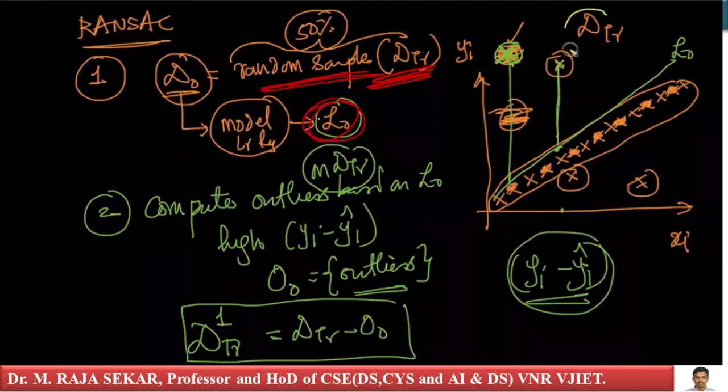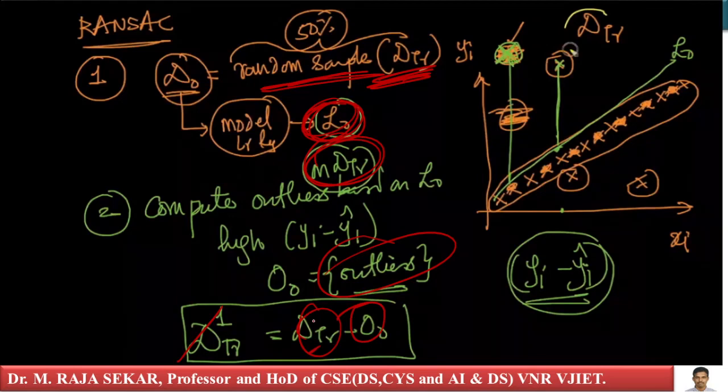Use this model L0 to find the outliers on DTR. Remove these outliers from DTR, isn't it? Now, just name it DTR1. So from the data set DTR, we are removing outliers.